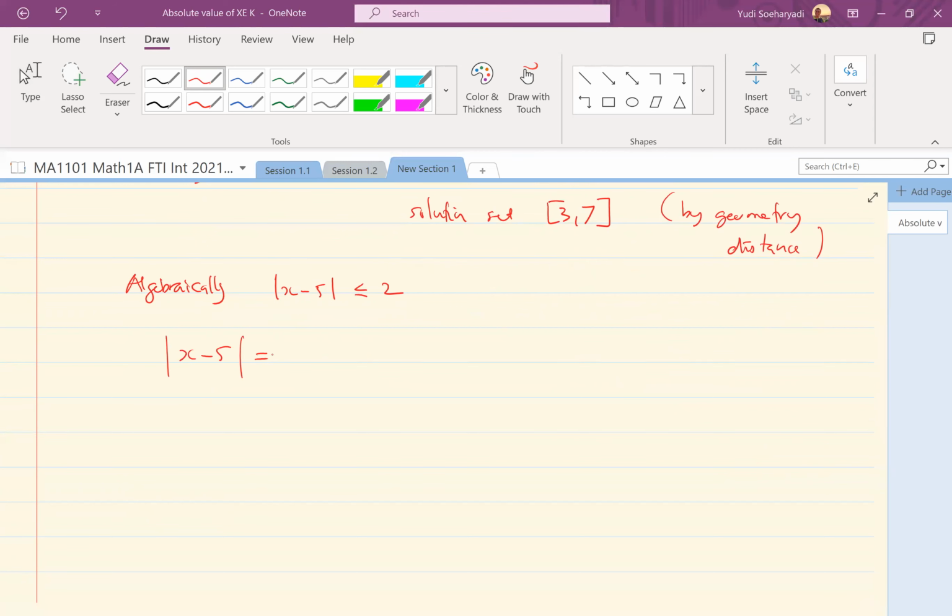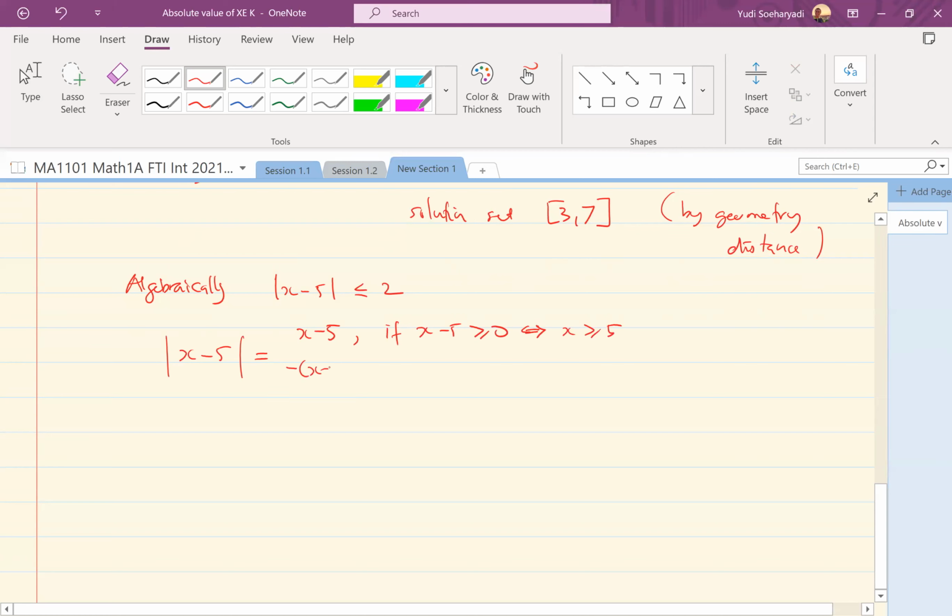So that would remain x minus 5 if x minus 5 is non-negative. That means x is at least 5. And it becomes the negative if x minus 5 is negative.